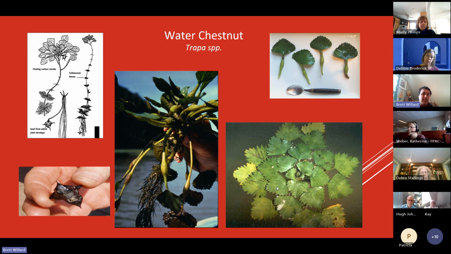There are two invasive species of water chestnut. We have Trapa natans and Trapa bispinosa, and they are distinguished by the shape of their nut. The picture on the lower left is Trapa natans. The Trapa bispinosa looks more like a bat or the Batman logo. And that plant is also an invasive.